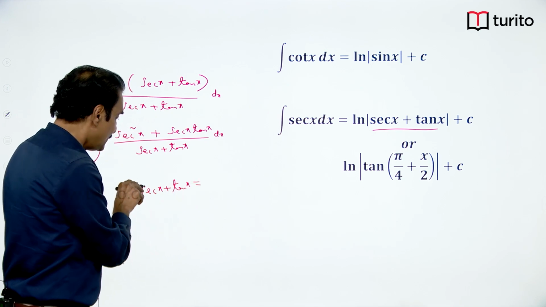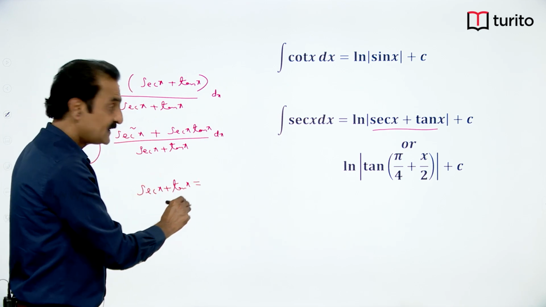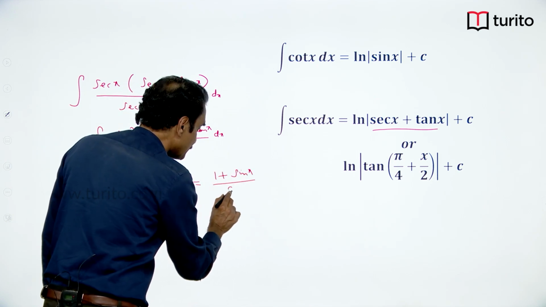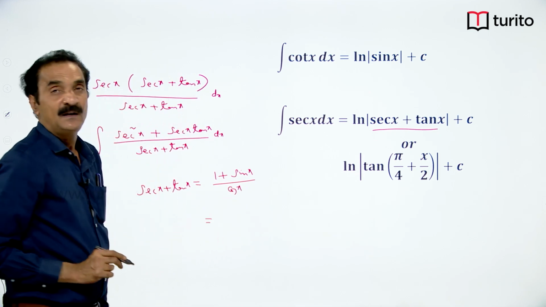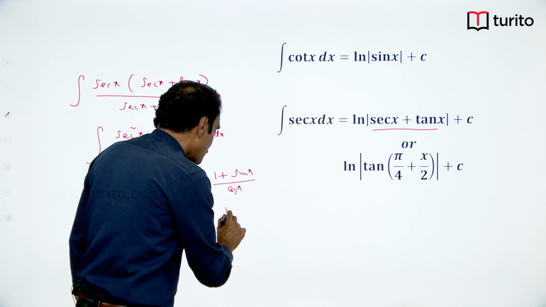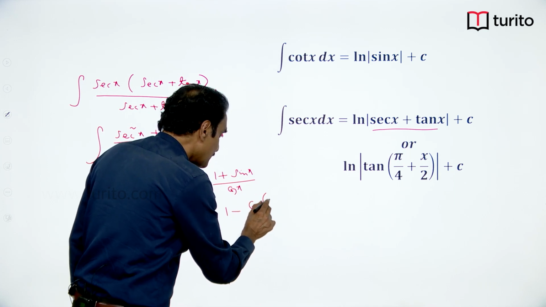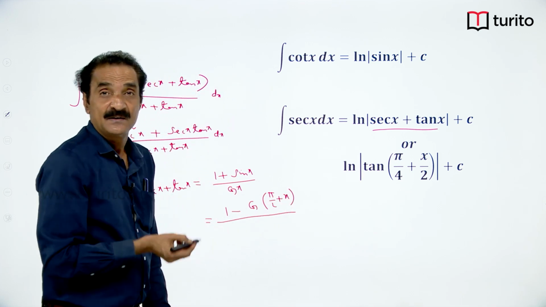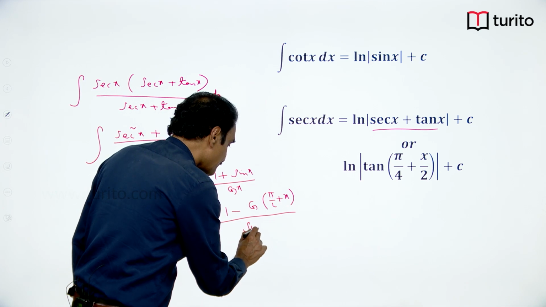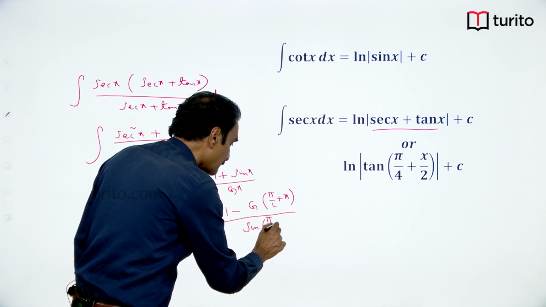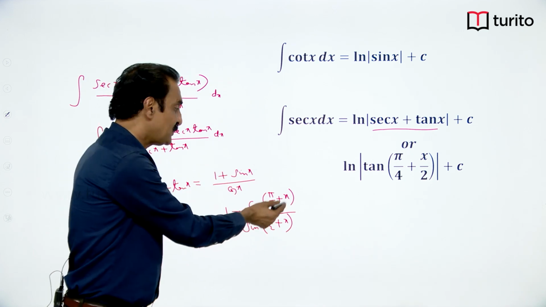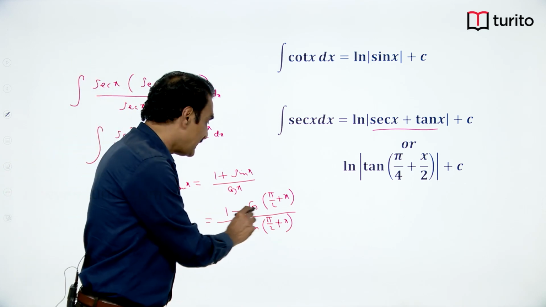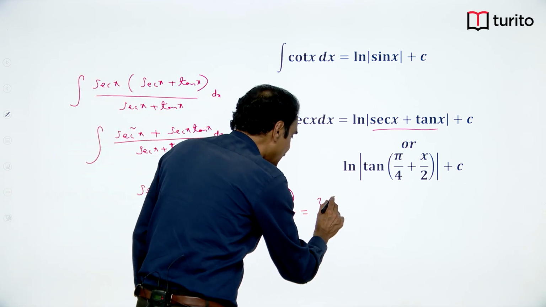can be expressed as 1 by cos x plus sin x by cos x. We get 1 plus sin x by cos x. If you write it as 1 minus cos of pi by 2 plus x by sin pi by 2 plus x. Cos pi by 2 plus x is minus sin x. Sin pi by 2 plus x is cos x. Now 1 minus cos theta can be written as 2 sin square theta by 2.